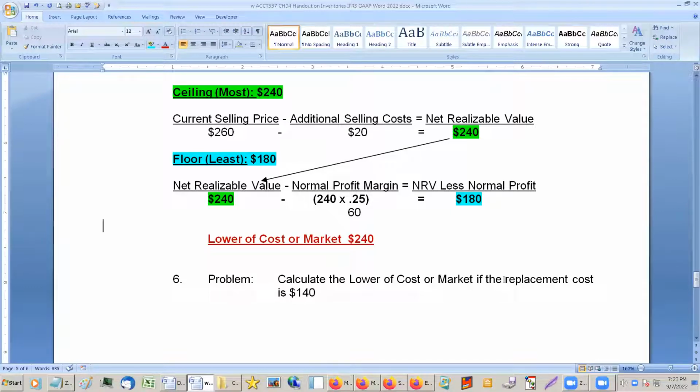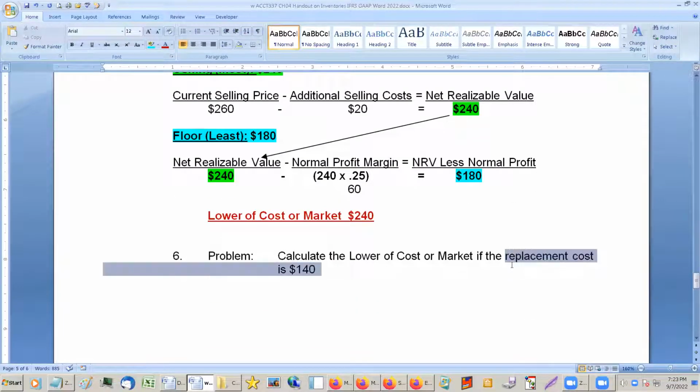Okay, it says, calculate the lower cost or market if replacement cost is, A. Another hour or two and I'll do this formatting correctly. Don't worry.